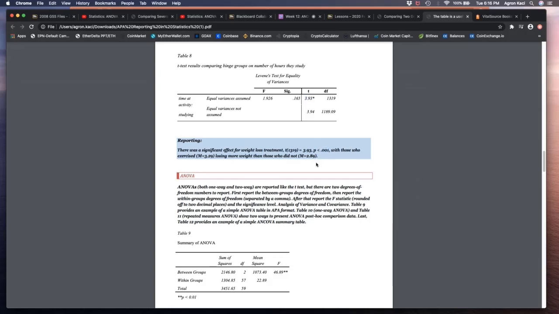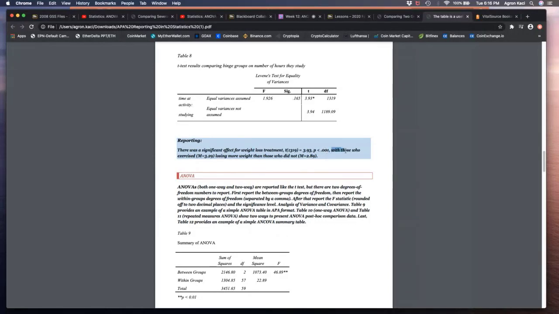Here I should have probably put 3 asterisks, because if the p is smaller than 0.001, then it is definitely smaller than 0.01, and even smaller than 0.05.